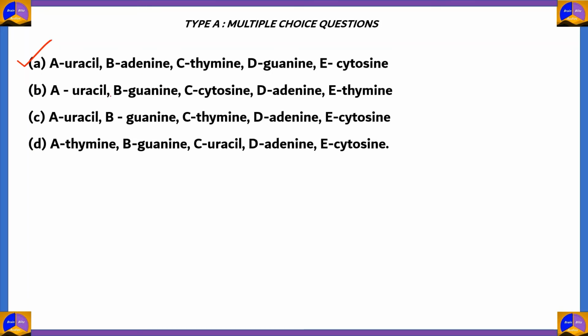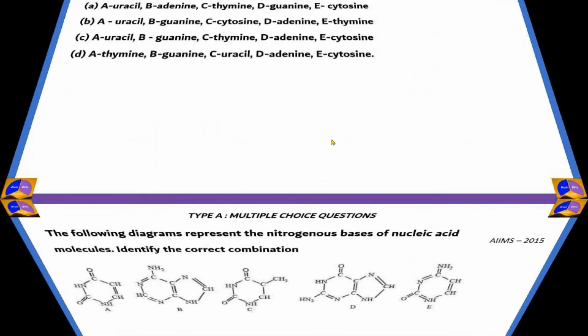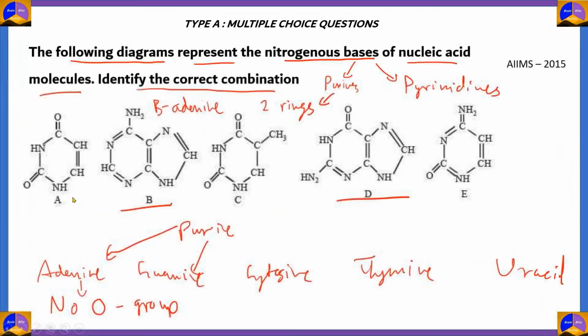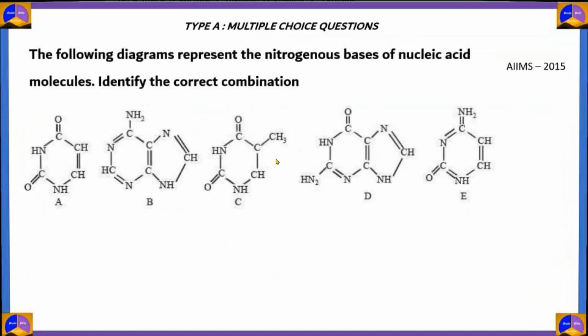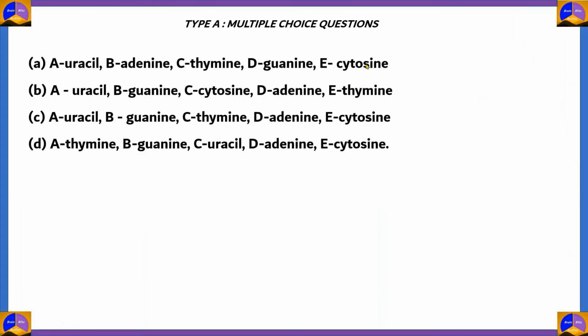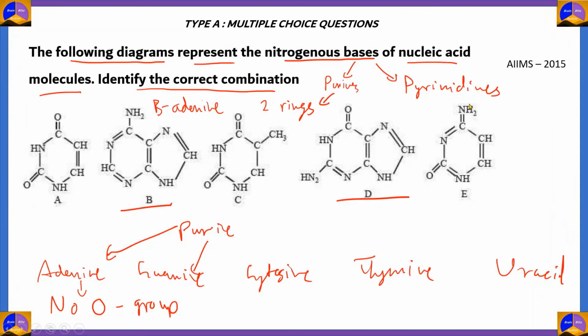And when you check it out, you find that D is guanine, which is correct. A is uracil, which is correct because it doesn't have a methyl group attached here, only a hydrogen. And thymine is C because it has a methyl group unlike uracil. And cytosine, which has an NH2 at the top.